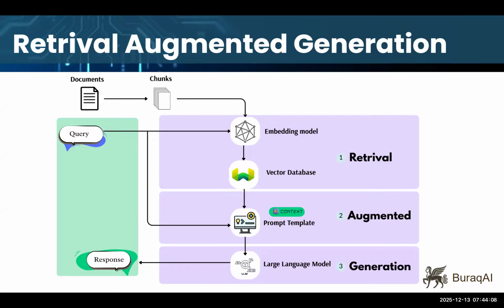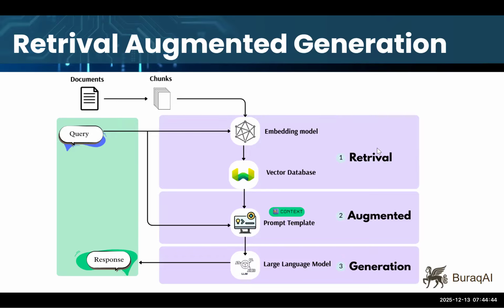Correct. Since the LLMs do not have access to confidential or personal information or organization information, we build a RAG architecture and provide our information through RAG as context to the LLM model. Last week I was talking about the top part here: documents, chunks, embedding model, vector database.